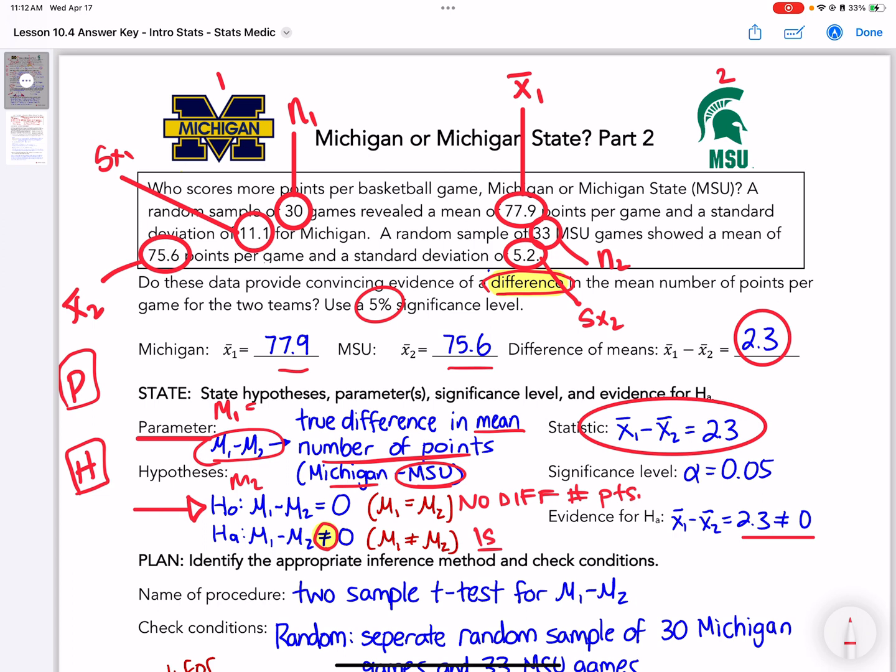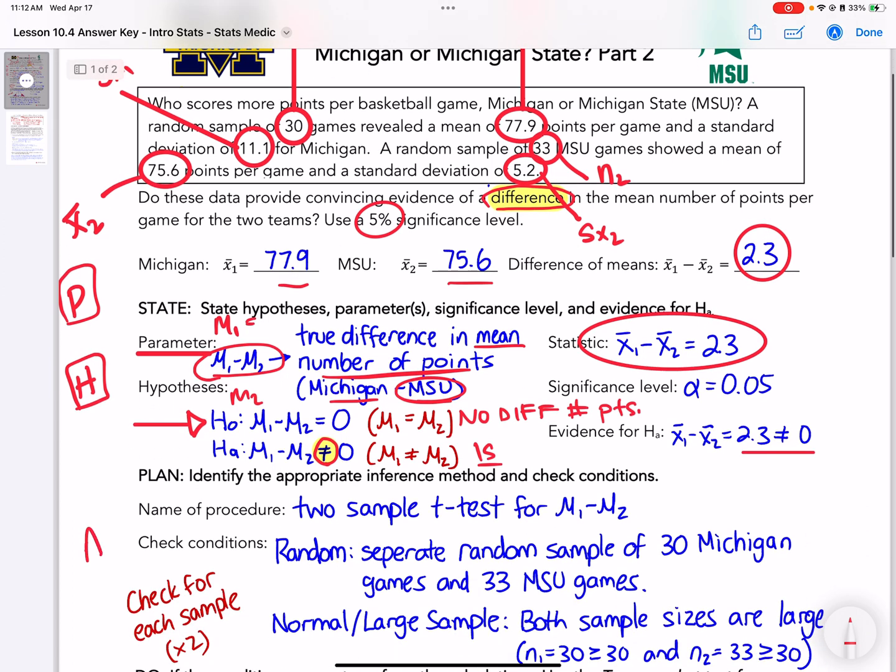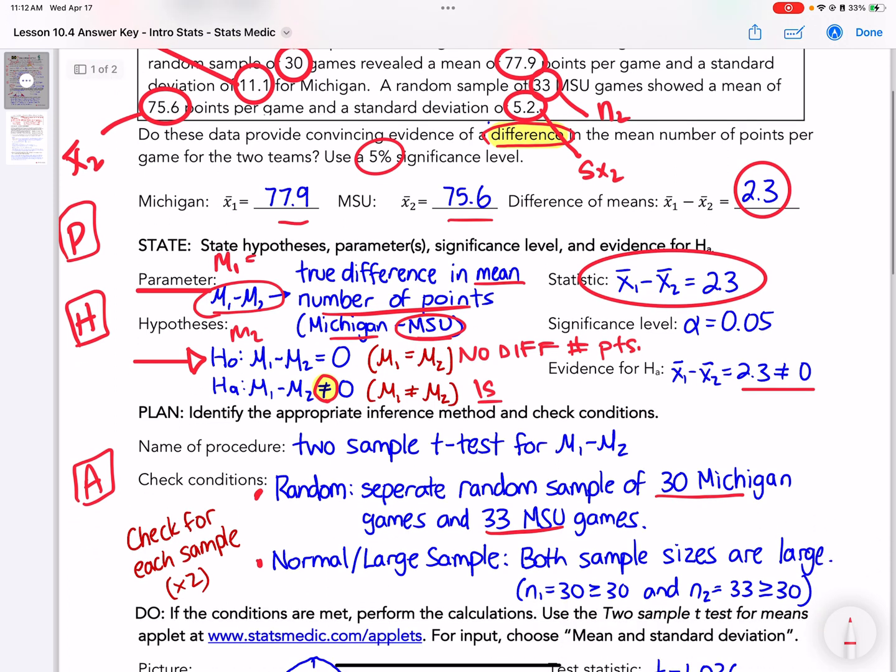Okay, so we have our P, our H in our PHANTOMS. Our A is our assumptions and conditions. And remember, our assumptions and conditions is we're checking two things, random sample and large and normal, which is large sample. It does say in our startup that I do have a random sample of 30 Michigan and 33 Michigan State games. It also says that I have a large sample of 30 and 33.